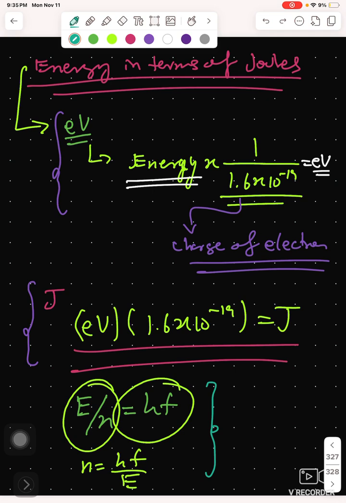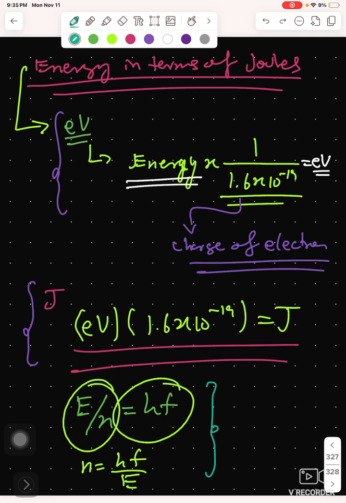So is it possible to get photons? Could we rearrange this? Yes, it is possible.